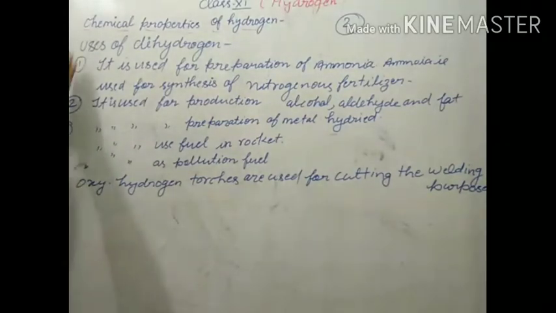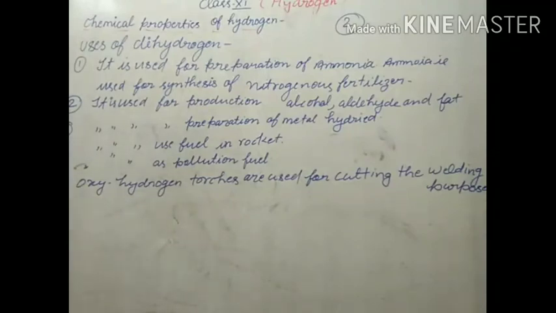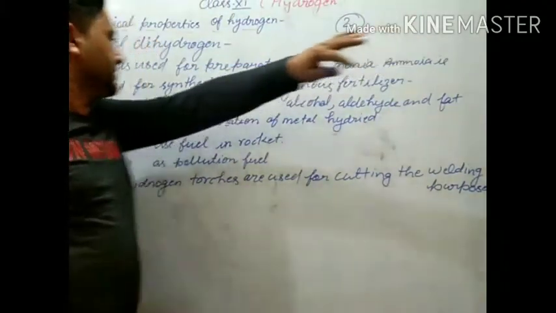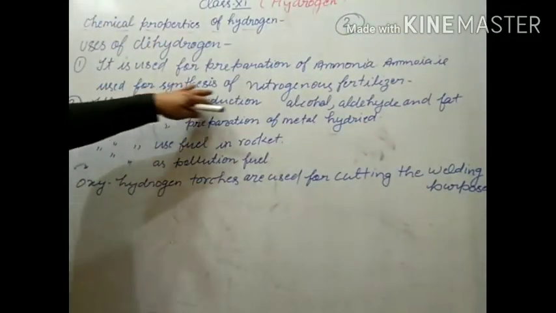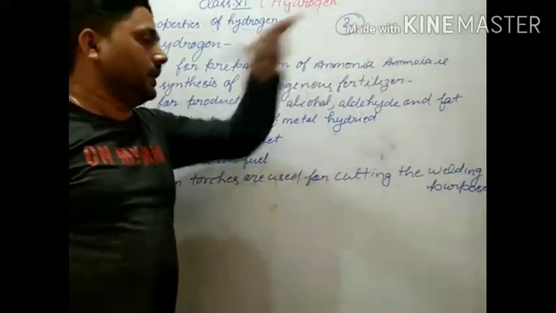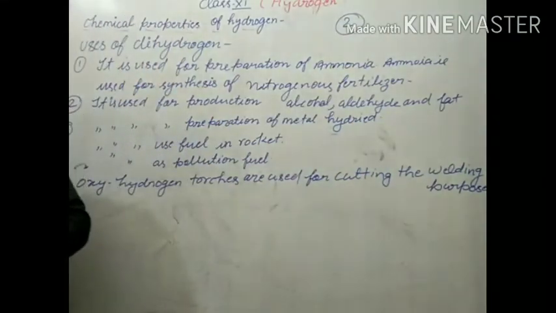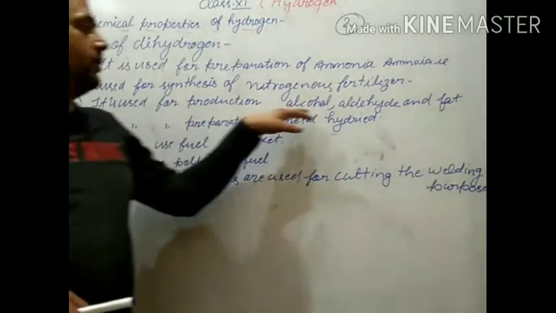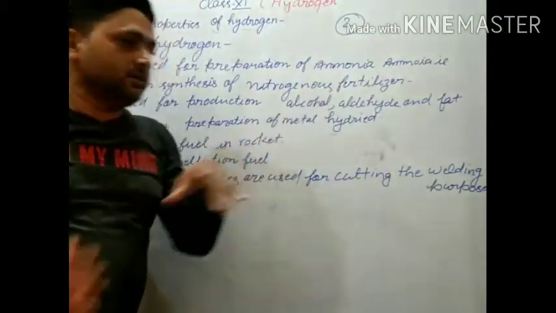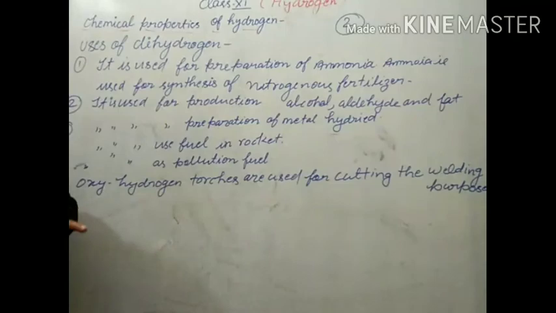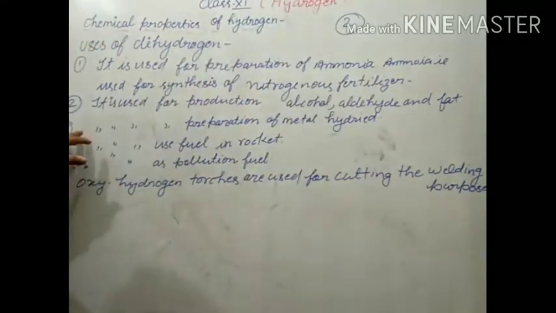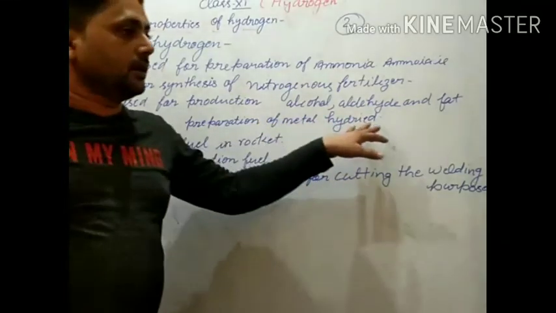So these are the uses of hydrogen. It is used for the production of ammonia. Ammonia is used for synthesis of nitrogenous fertilizer, so we can say hydrogen is used for production of nitrogenous fertilizer also. It is used for the production of alcohol, aldehyde and fat. Then it is used for preparation of metal hydride.